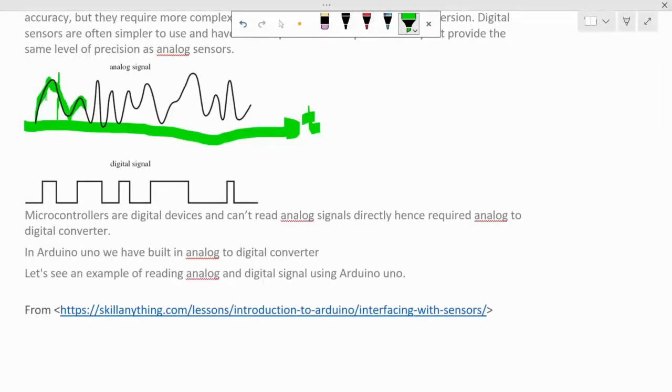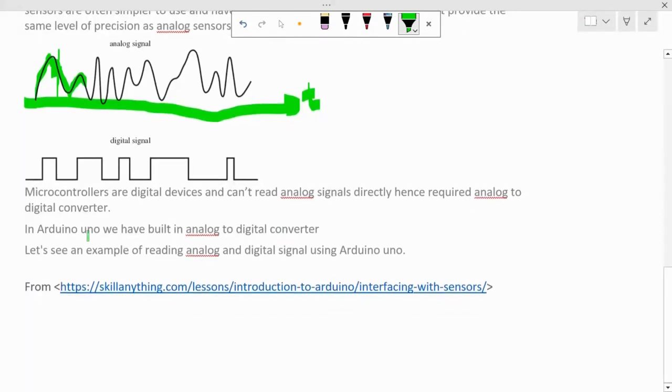At any point you will get a different value. On the other hand, a digital signal consists of only two states, either low or high. Microcontrollers are digital devices and can't read analog signals directly, hence they require an analog to digital converter. In Arduino Uno we have a built-in analog to digital converter.